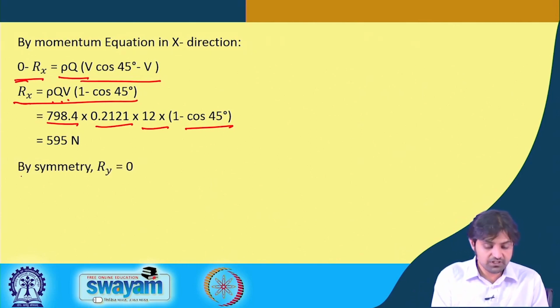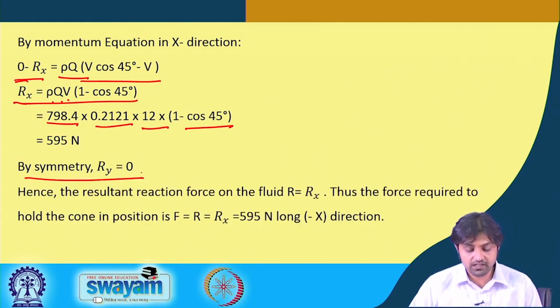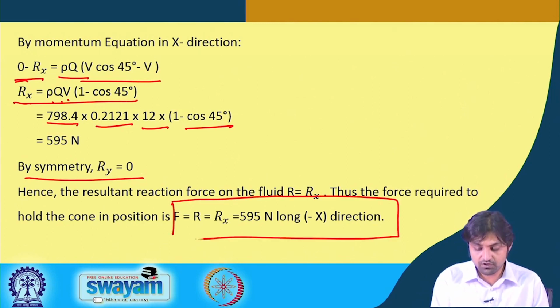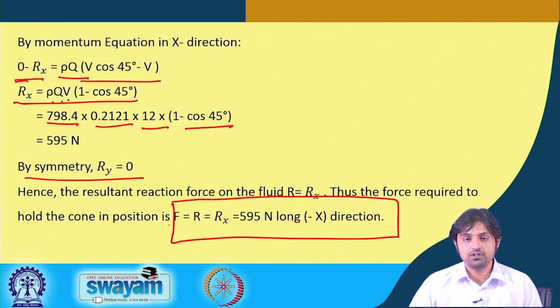By symmetry we can see Ry is equal to 0. Hence the resultant reaction force on the fluid is R equal to Rx. Thus, the force required to hold the cone in position is F equal to 595 Newton along the negative x direction. This is one of the examples of this.